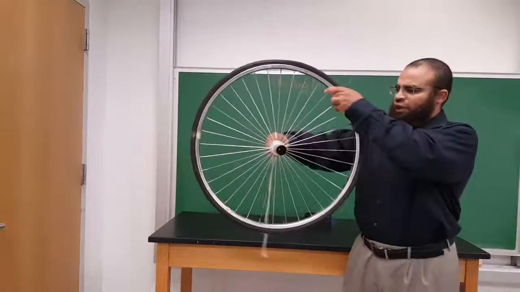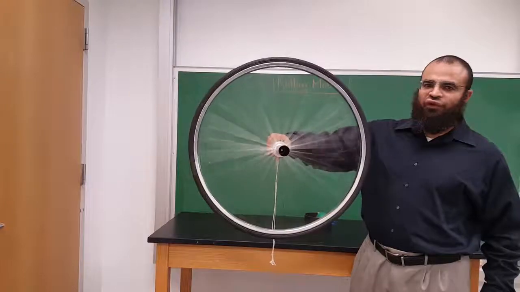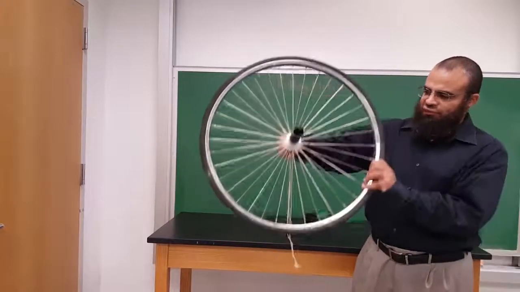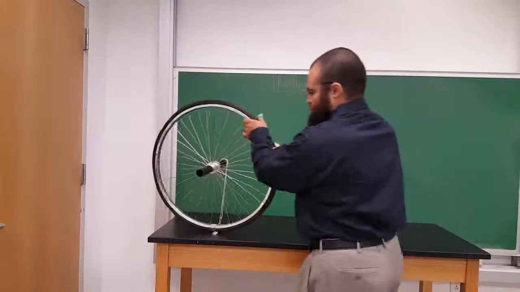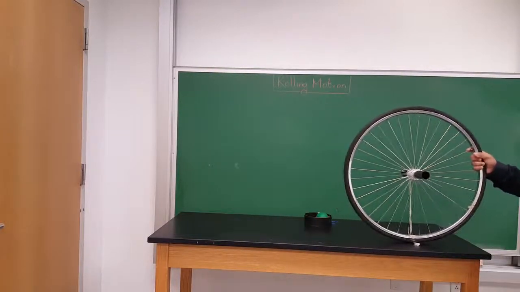We have been doing rotations about a fixed axis. So you have a wheel here, and it just spins in place. It does not move. We call this a pure rotation. If it just moves without rotating, we call this a pure translation.